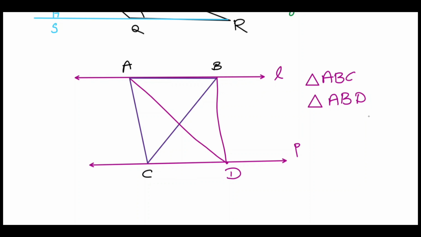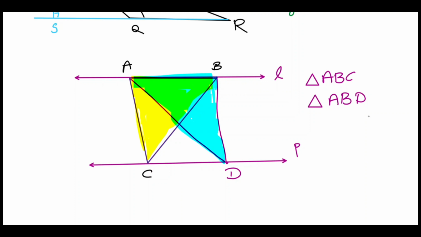I will shade it here. This is ABC triangle, and this is ABD triangle. Just observe carefully the shaded part.